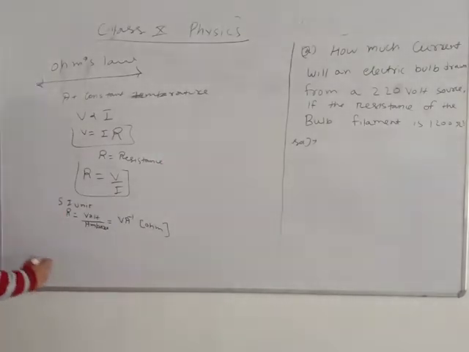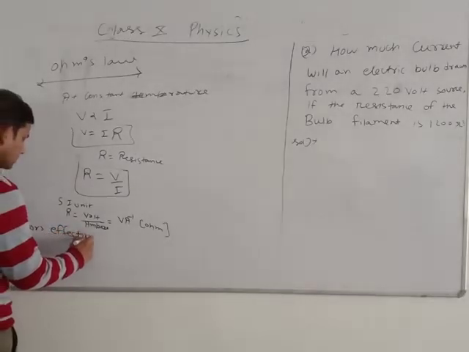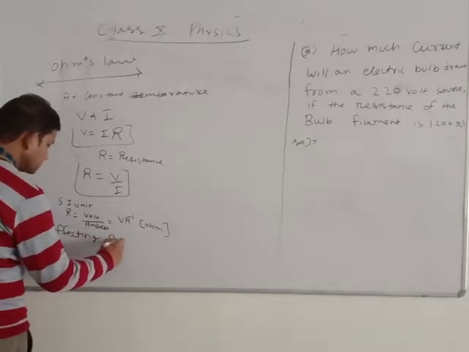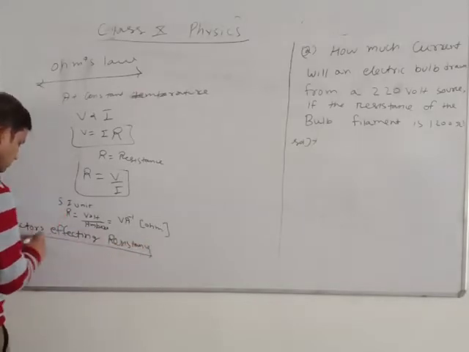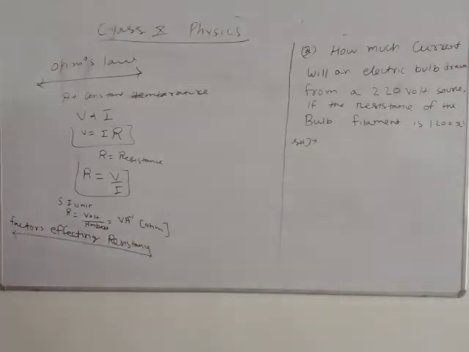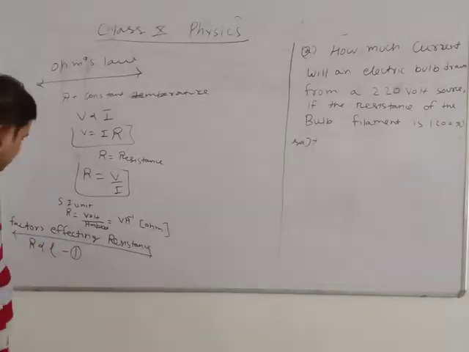Our next topic is factors affecting resistance. Student, R is directly proportional to L. It means if we increase the length of the wire, then resistance is also increased.